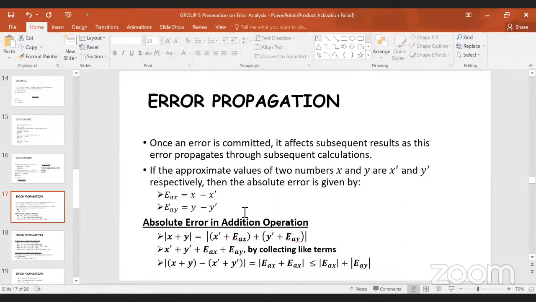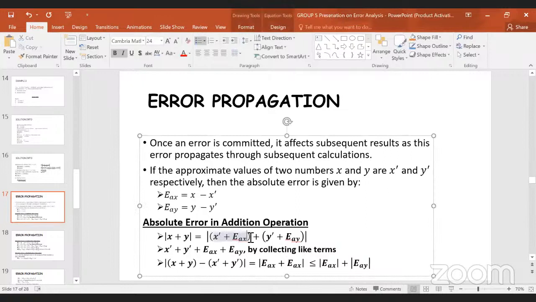For addition, the absolute error in the addition operation is given by the exact solution x plus y being equal to our approximate solution x prime plus the absolute error of x, denoted by E subscript AX or EA, and also the same for y.